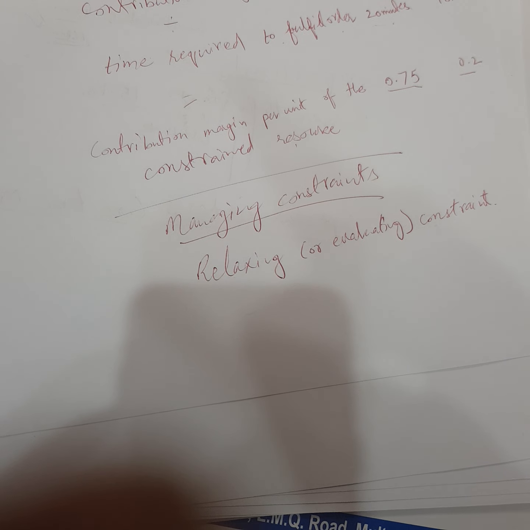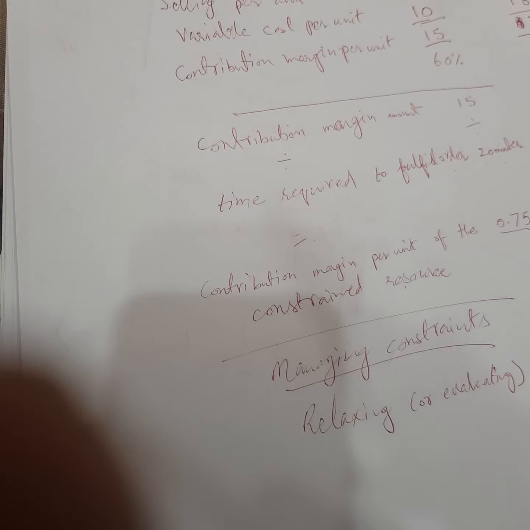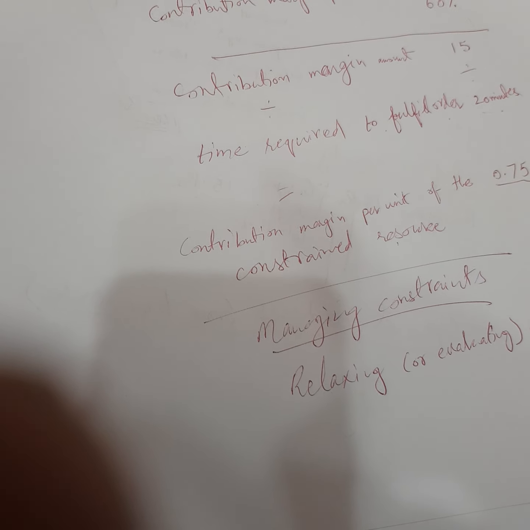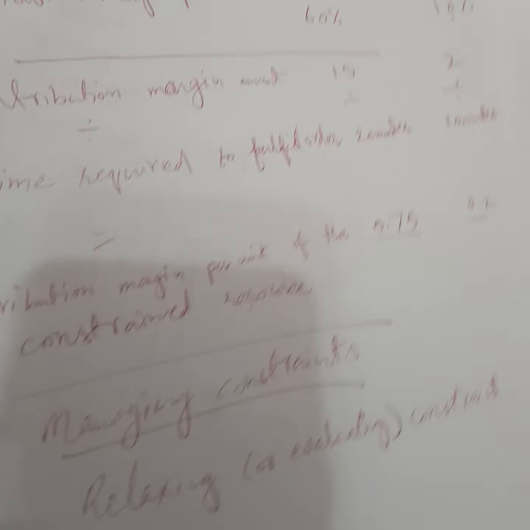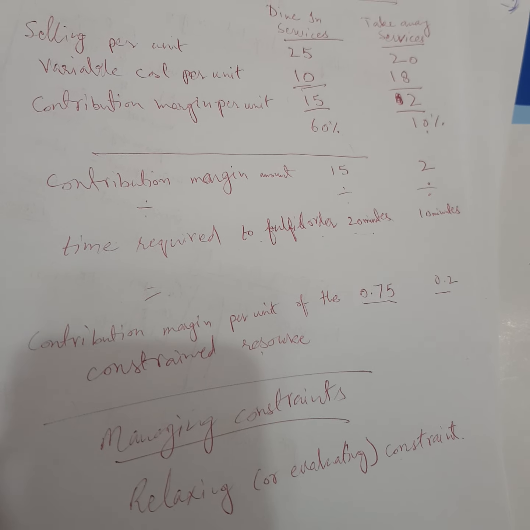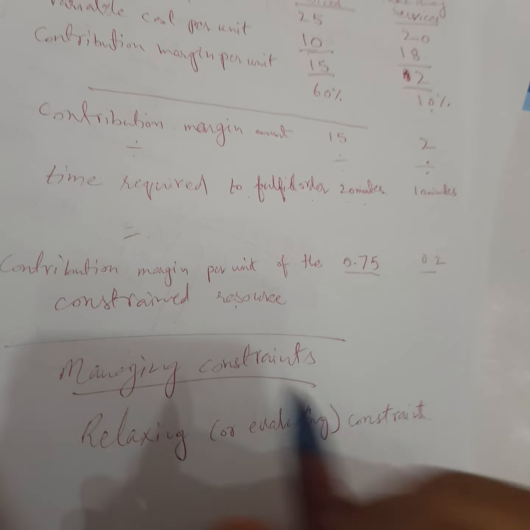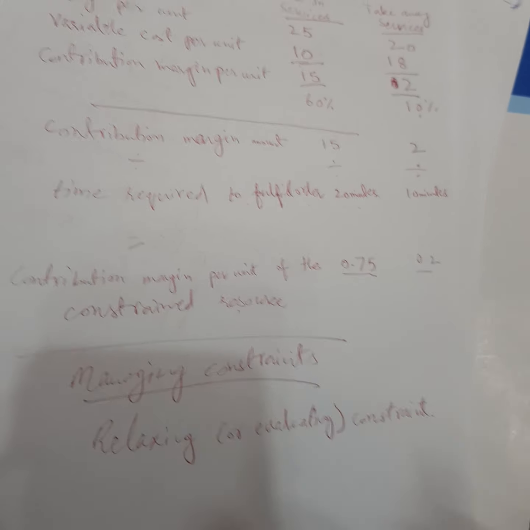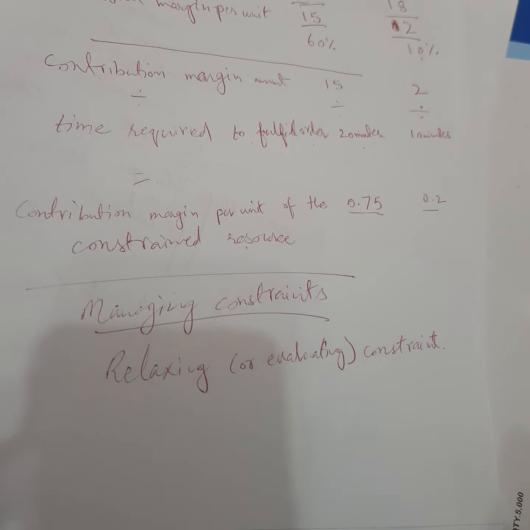Focusing on business process improvements such as Six Sigma for services like dine-in service and takeaway service. Reducing defective units, and every defective unit can be processed by substitution, by finding an alternate or any other thing. So these are the methods to manage constraints and to increase our capacity of delivering services.